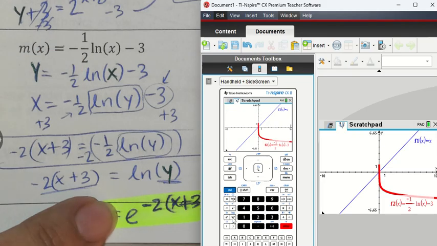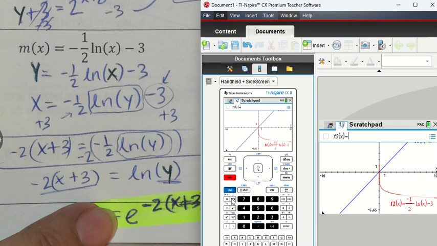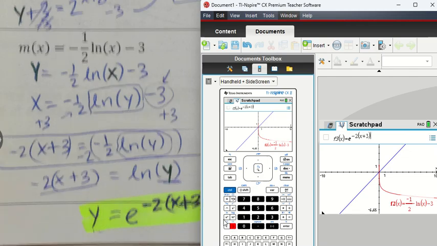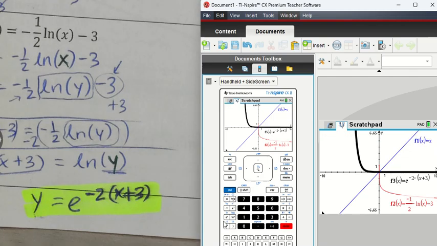And then the one we created was e to the power of negative 2 times x plus 3 in parentheses. And it does look sort of a replica of each other. For some reason the red looks like it stops, but it doesn't. It's just the asymptote is there. And then now the asymptote is horizontal in the black one.